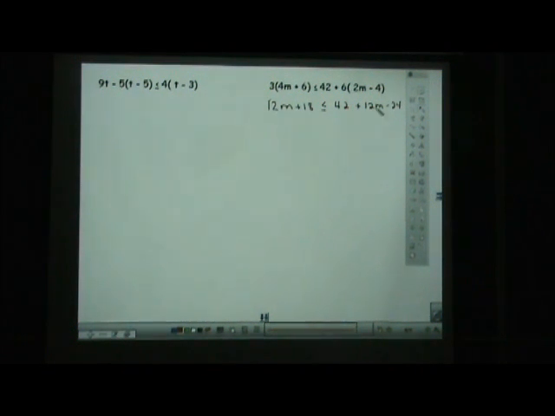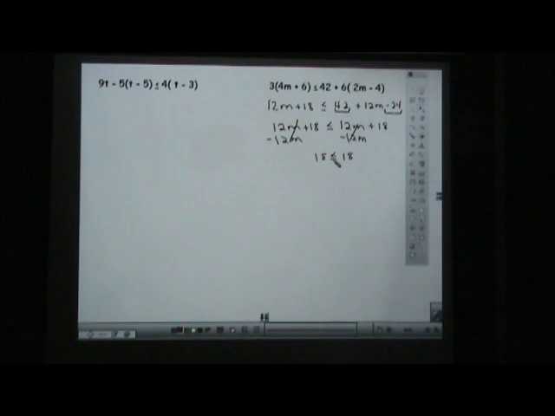I'm going to gather like terms together over on the right first. So 12m plus 18 will stay. Less than or equal to, I'm going to write the 12m first and then look at 42 minus 24, and I think that's 18. And then if I go to subtract the 12m from both sides, it goes away. So we'll have 18 is less than or equal to 18.